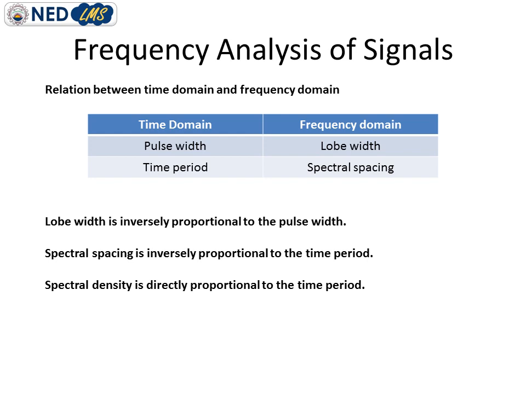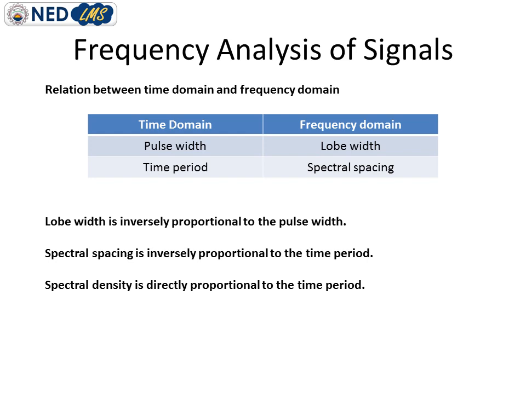Next is spectral spacing, which is the difference between two consecutive spectral lines. If the time period is represented by Tp, then frequency is represented by f or f naught. The relationship between the time period or frequency and the spectral spacing is that the time period is inversely proportional to the spectral spacing.